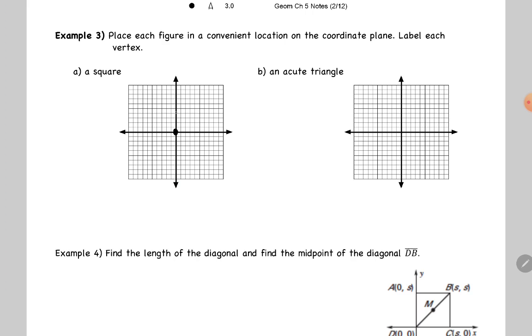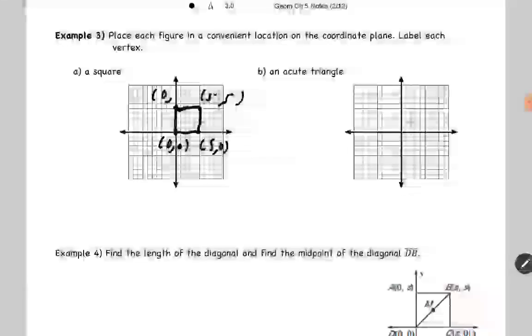And a square has side lengths that are the same. I'm just going to choose 5. 1, 2, 3, 4, 5. So there we go. Square. This is 0, 0. This is 5, 0. This is 5, 5. This is 0, 5.